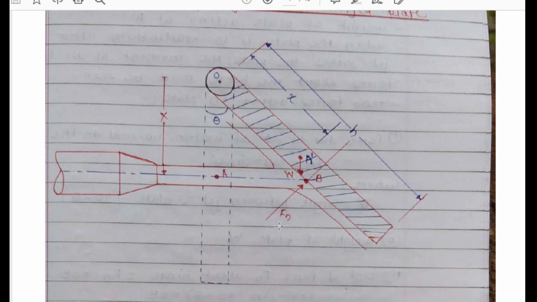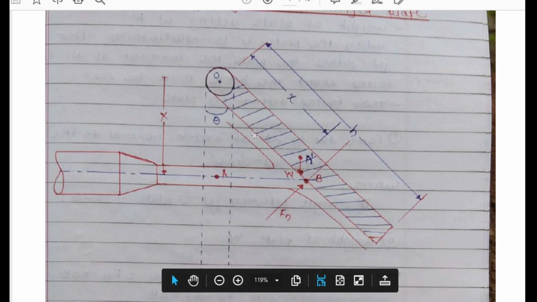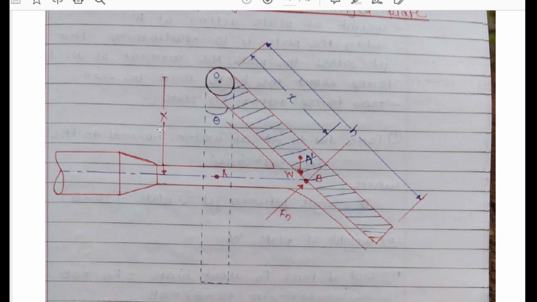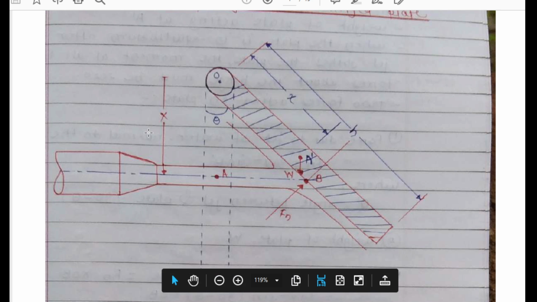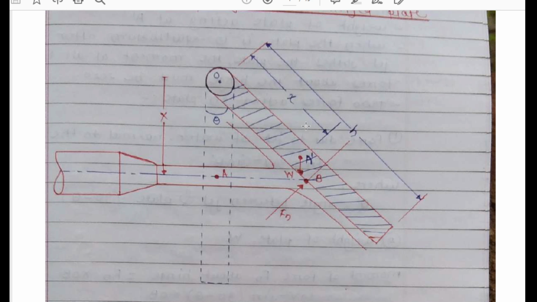The weight of this plate W is acting at A dash, that is the center of gravity of the plate. Now consider the distance of this A dash from hinge O. From the figure we can see that the O to A distance is x, and again the O to A dash distance is x.